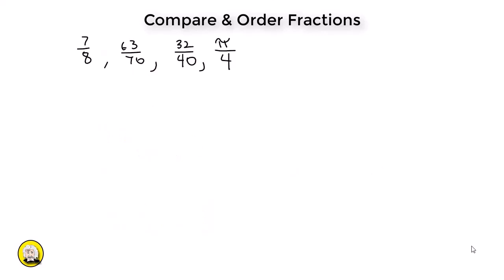In practice, most problems won't rely on just one method or the other. They'll require you to use the whole toolbox of different options to facilitate quick and easy calculations of your ordering. So let's do so in this problem. 7/8 to 63/70.